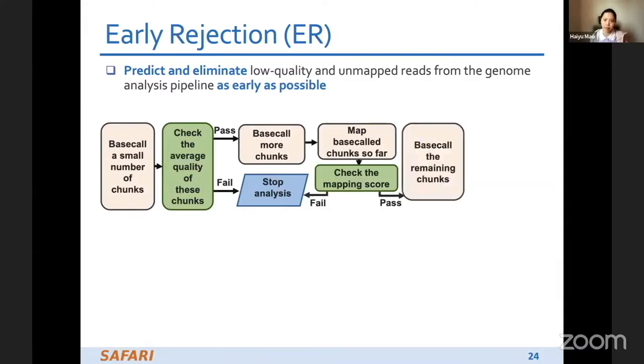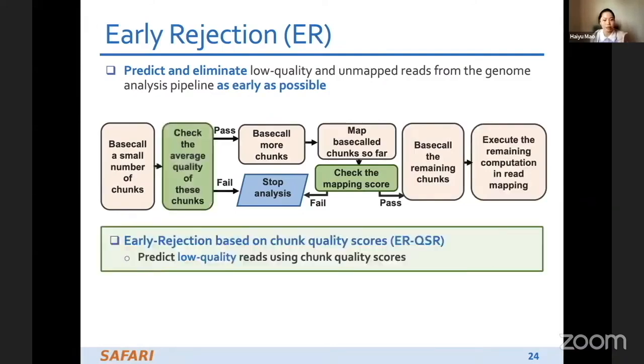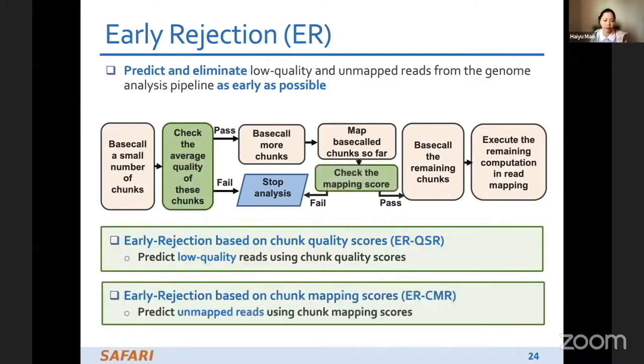If it passes, we continue base calling the remaining trunks and execute the remaining computation in read mapping. So as you can see, early rejection includes rejection based on trunk quality scores and also rejection based on trunk mapping scores.